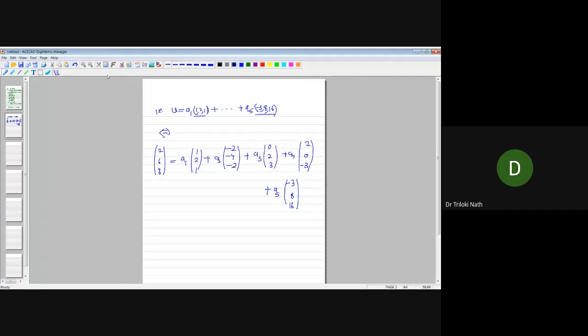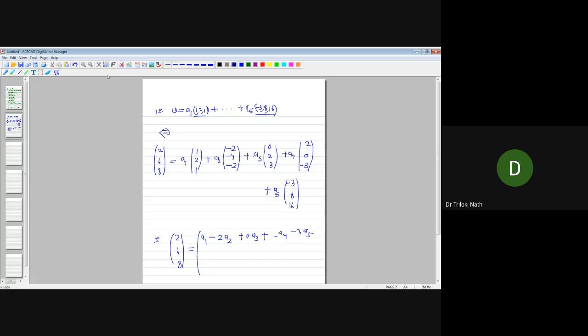This is equivalent to (2, 6, 8) equal to, when A1 is multiplied by 1, here it is A1 minus 2A2 plus 0 times A3, plus 2A4 minus 3A5, and so on.